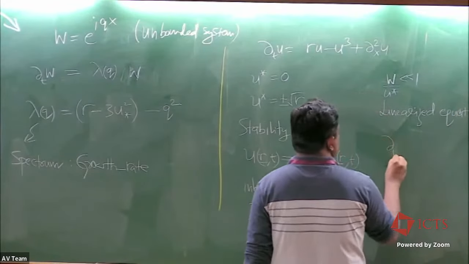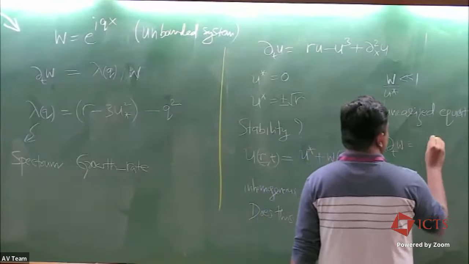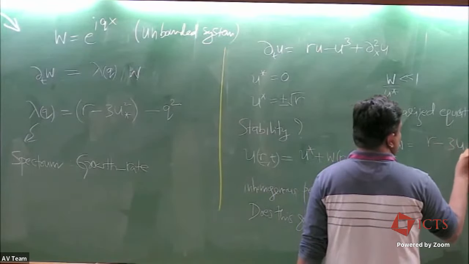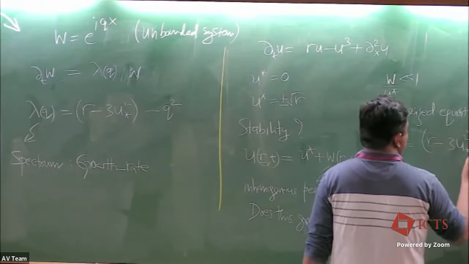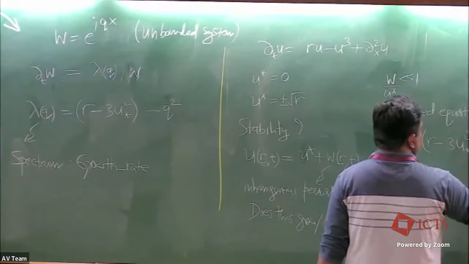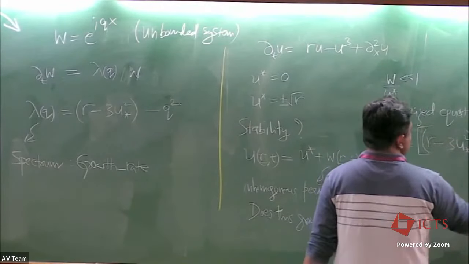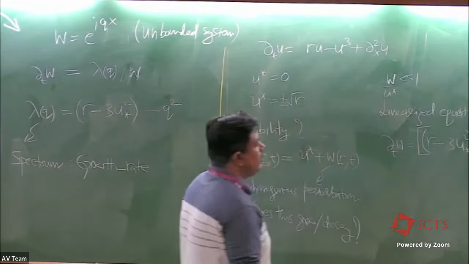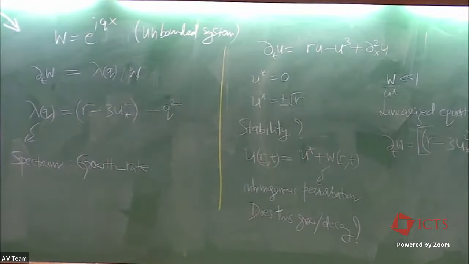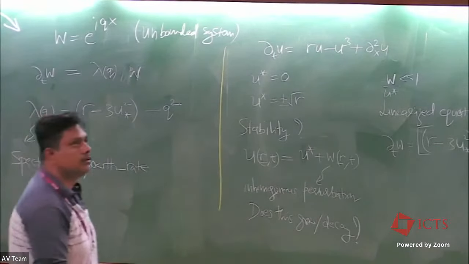And I get dtw is r minus 3 u star squared minus dx squared acting on w, where u star is either 0 or plus minus root r. So far, so good. Does it make sense now?